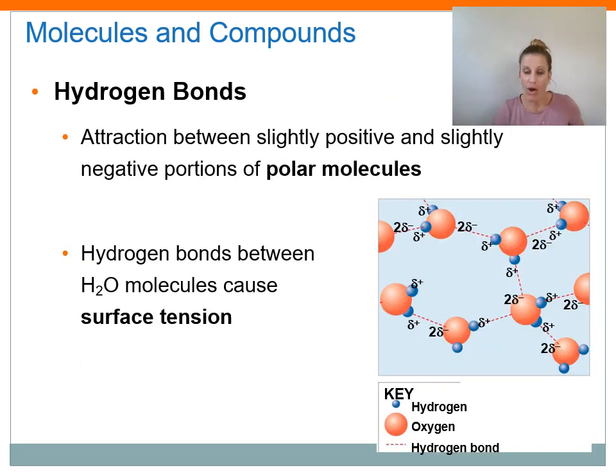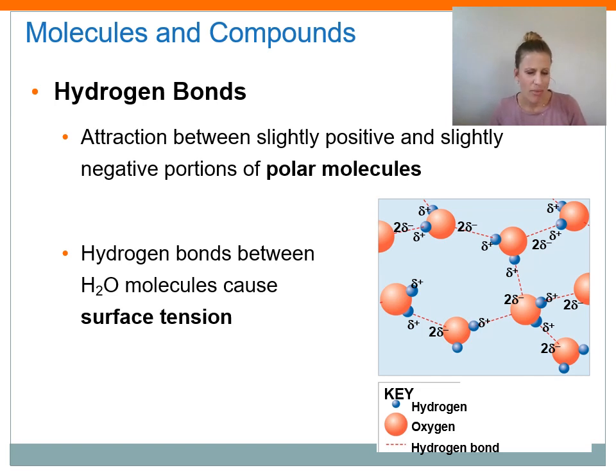Now, the reason that that is important is because polar molecules that have partial positives and partial negatives allow for our next type of bond, which is a hydrogen bond. A hydrogen bond is the attraction between the slightly positive and slightly negative portions of polar molecules. Because remember, opposites attract, right?